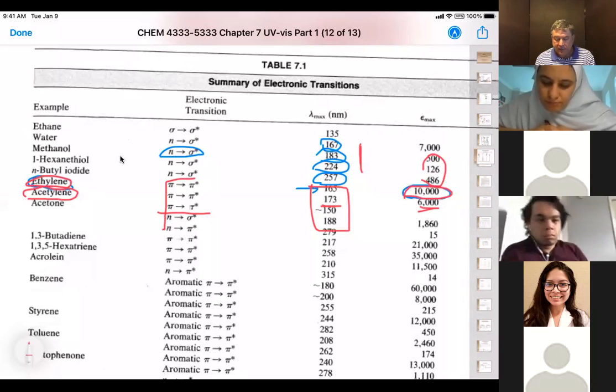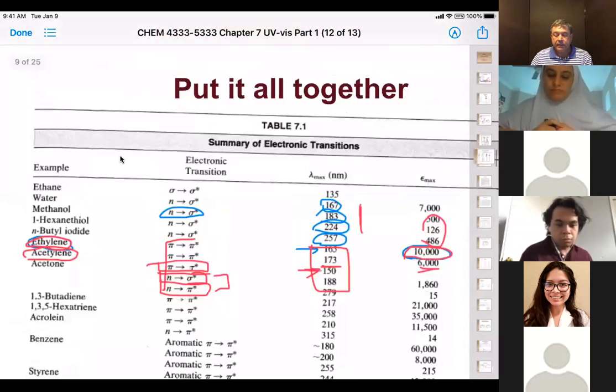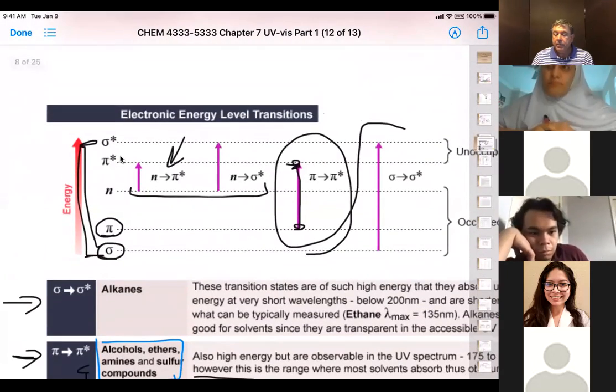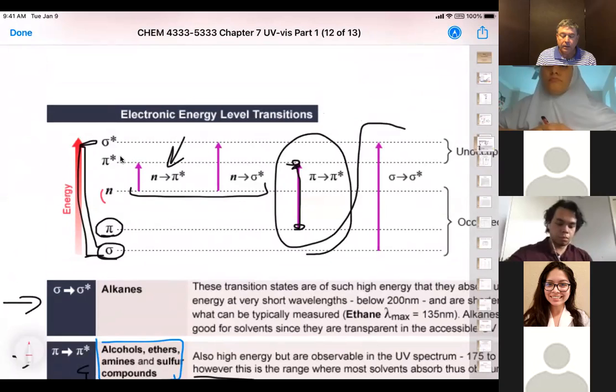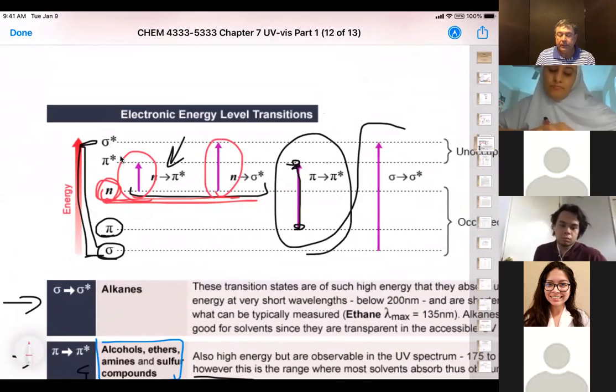So in acetone, we actually have the pi to pi star, the non-bonding to sigma star, and the non-bonding to pi star. The pi to pi star is the highest in energy of this particular one, with the non-bonding to sigma star and non-bonding to pi star being lower and lower in energy. Now let's look at that diagram again right here. Because the non-bondings are in this middle range, these absorptions are lower in energy than this transition.